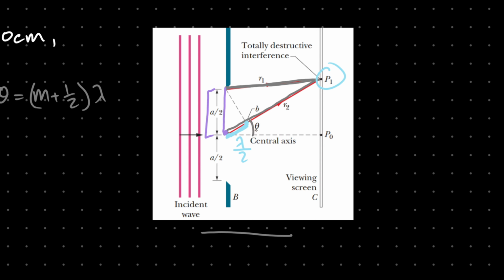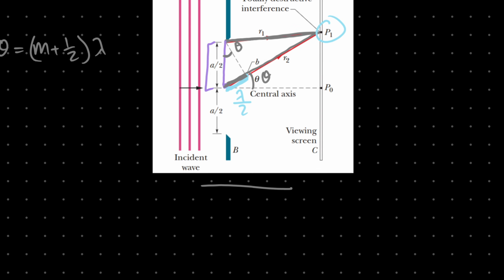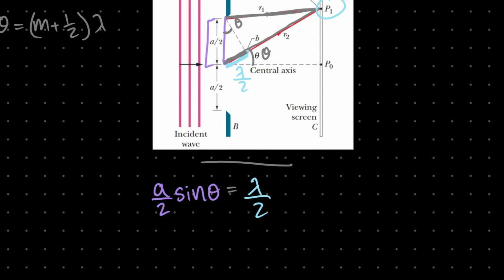What's really cool is that this angle theta right here is also the same as this angle theta right here. So we can relate this extra distance traveled in terms of a/2. This extra distance is going to be equal to a/2 sine theta, but it's also going to equal lambda over 2.